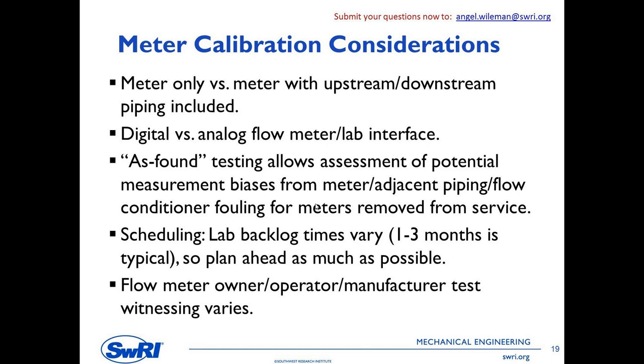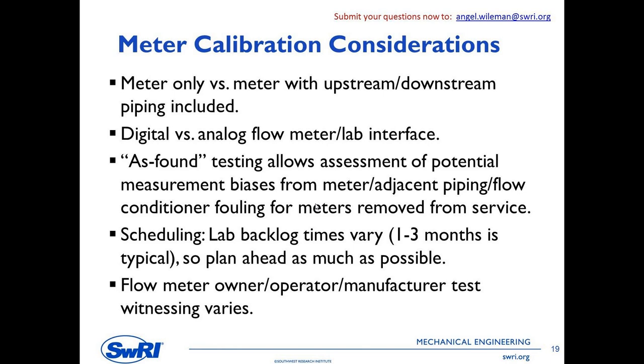Scheduling is also kind of a big thing. As much as we love to do work for people, when people call us up and say, hey, can you fit my meter in tomorrow? Sometimes we can, but often we can't. It's not uncommon for a flow calibration facility to have 1 to 3 months of backlog or sometimes more.